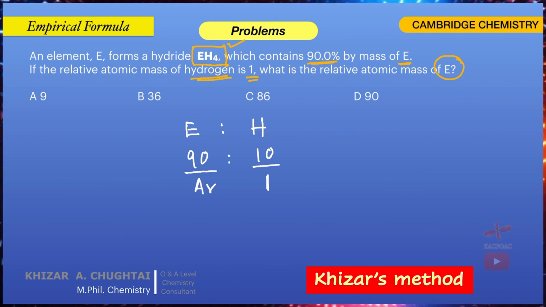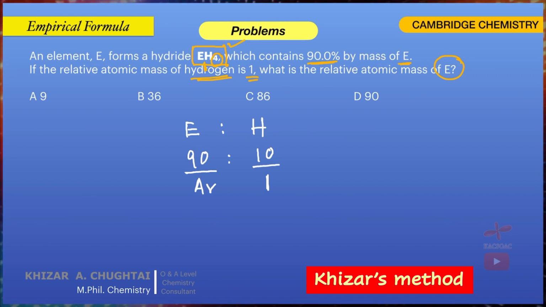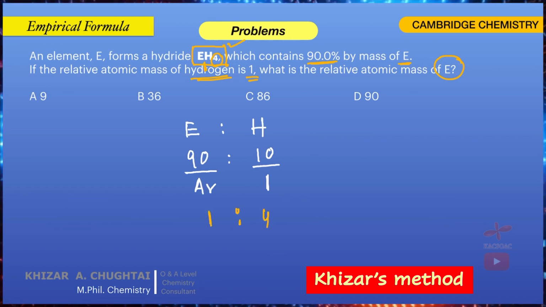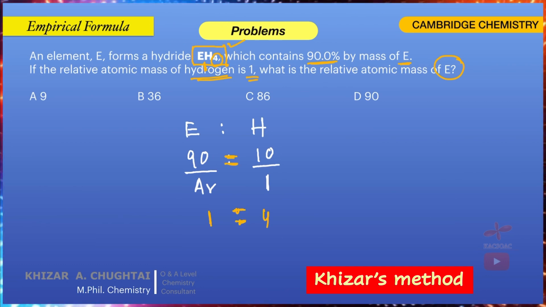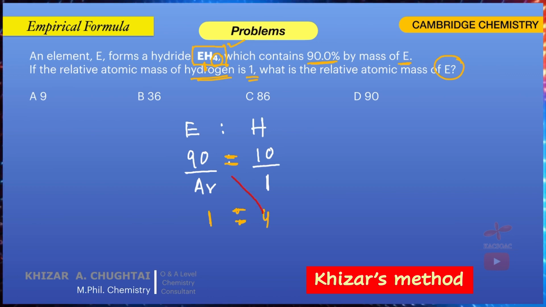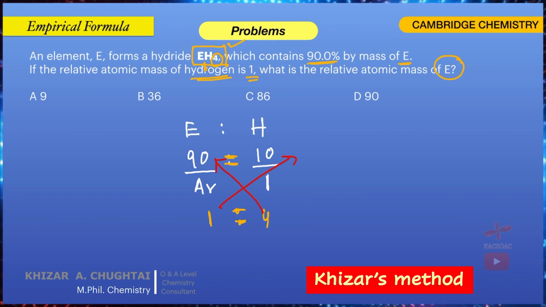The next thing you can see from this formula, 1 E and 4 hydrogen. The ratio between E and hydrogen is 1:4. Now I am going to apply cross multiplication.